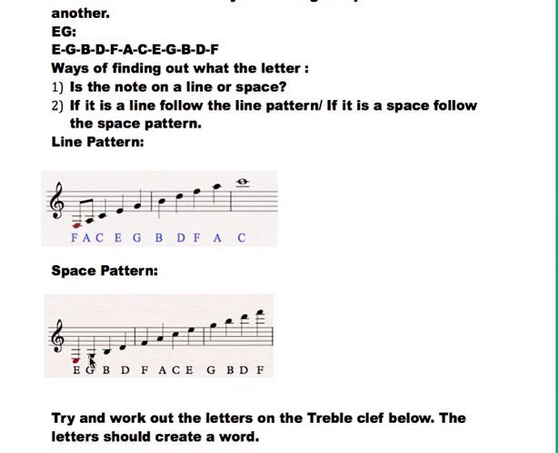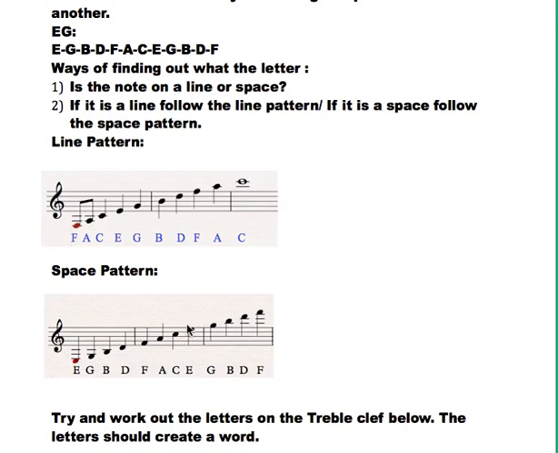Now, working out the letters on the pattern for the spaces. Let's have a look at this letter over here. We can see that this letter has no line going through the note. It may have lines below, which are also known as ledger lines, but it does not have a line going through it. So first, we know that it is a letter that will go with the pattern of the spaces.